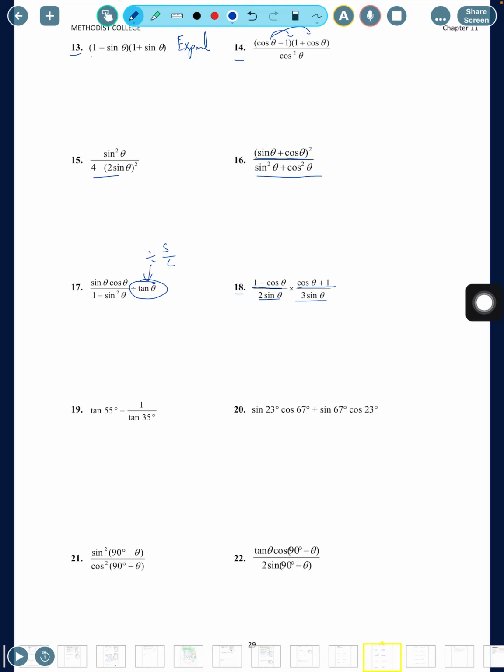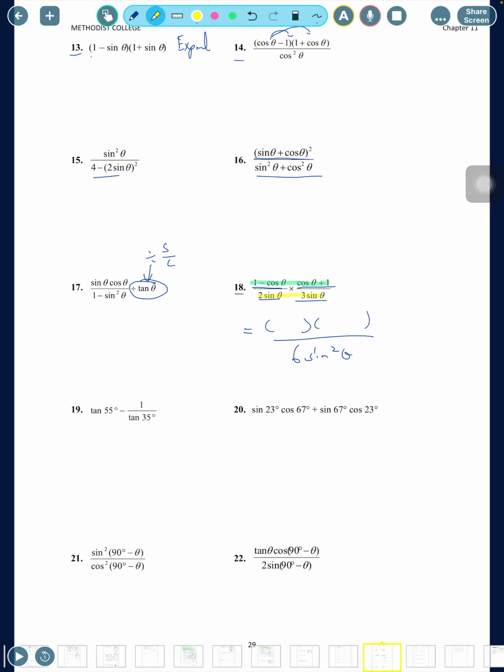So for this part, you can just multiply the two numerators and then multiply the two denominators. Just try to multiply the upper part and lower part.